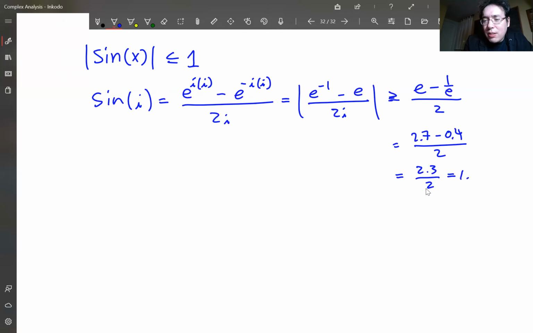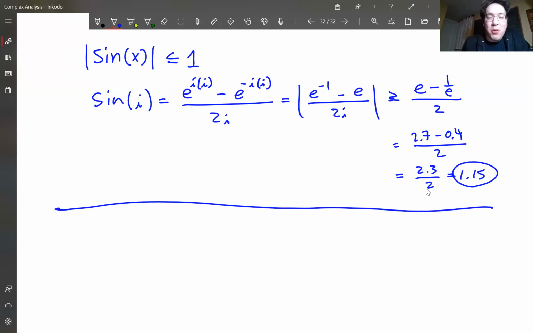You get my point. It's greater than 1. Not everything you know about trig translates to complex. So you do need to check that identity or property that you think is holding.